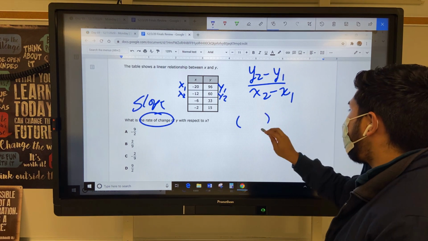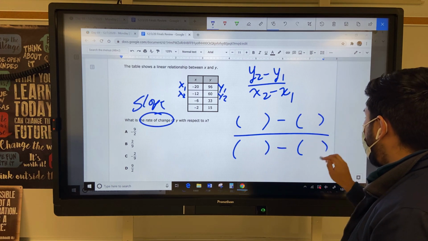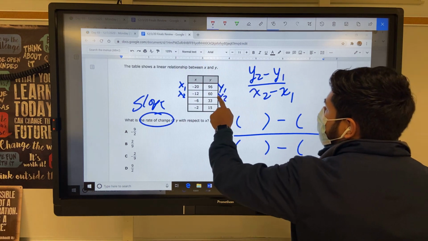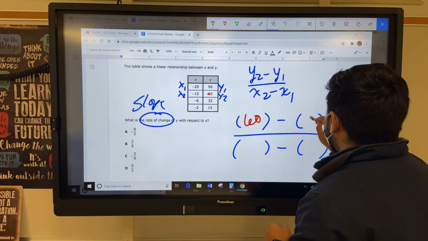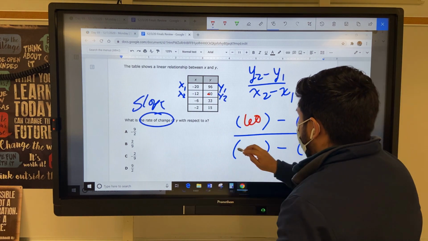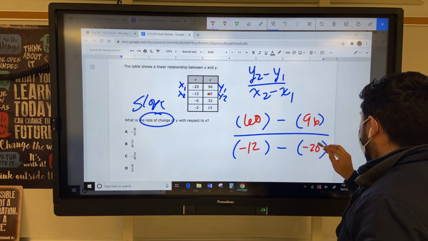Put them into the formula. Y2 is 60. Y1 is 96. X2 is negative 12. X1 is negative 20.